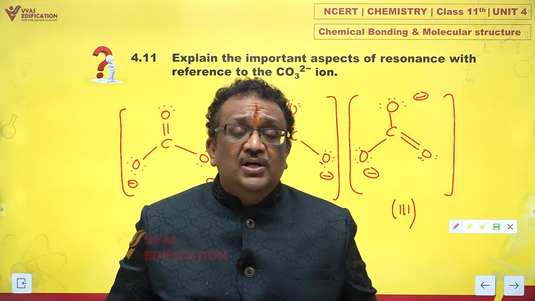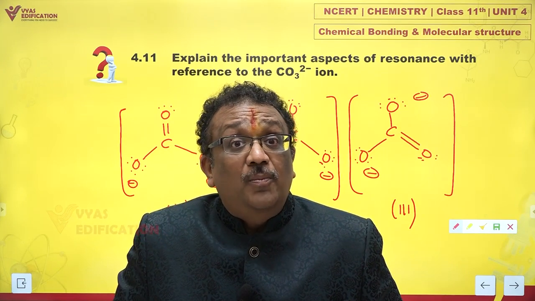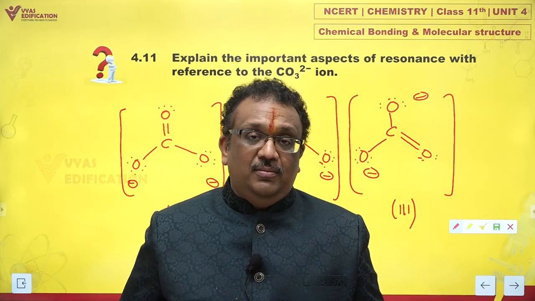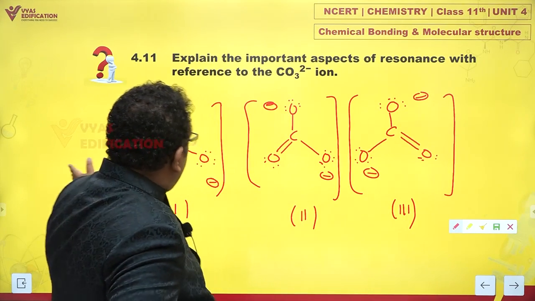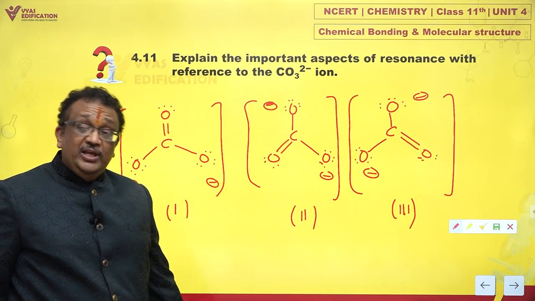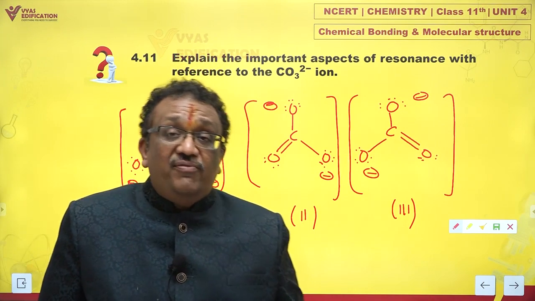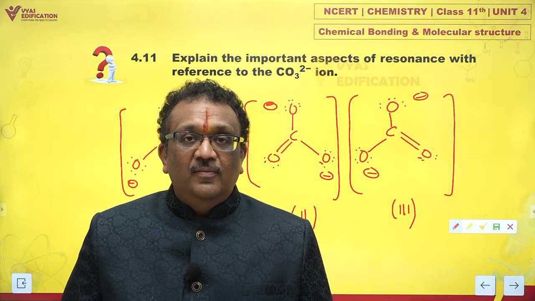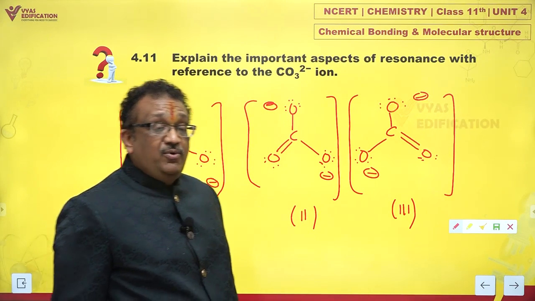All the 3 carbon-oxygen bonds in carbonate are experimentally observed to be identical, same. And each of these structures says that there is a double bond, there is a single bond. So each of these structures is screaming that there are 2 different types of bonds. That means each of these structures is wrong, first of all. Then what is the concept of resonance?